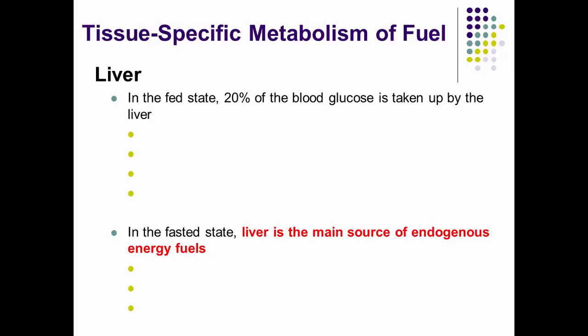Do you guys know? Yeah, stored as glycogen, right? So in the fed condition, the 20% of glucose that is initially absorbed from the diet into the circulation is picked up by the liver for the synthesis of glycogen and stored in the liver.